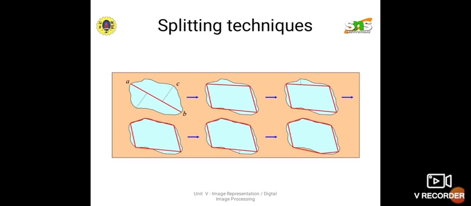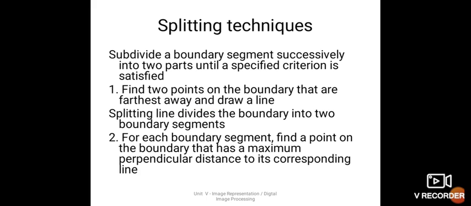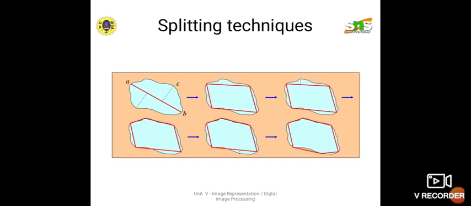Dotted lines denote that. Next, the third step is to draw 2 lines joining the point and the 2 endpoints respectively of the corresponding splitting line. So here we join the points A and C, C and B, B to another point, that could be D, D and A, right? So that forms a polygon shape.